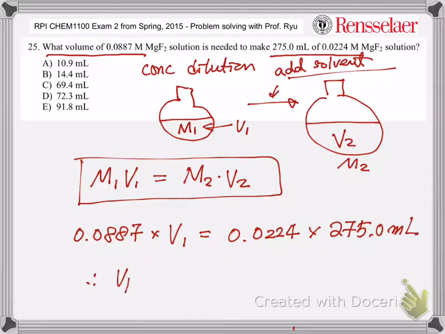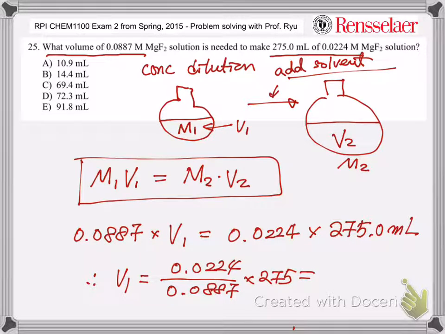Therefore, volume 1 is 0.0224 times 275 divided by 0.0887. That leads me to 69.4 milliliters. Okay, so 69.4 milliliters.